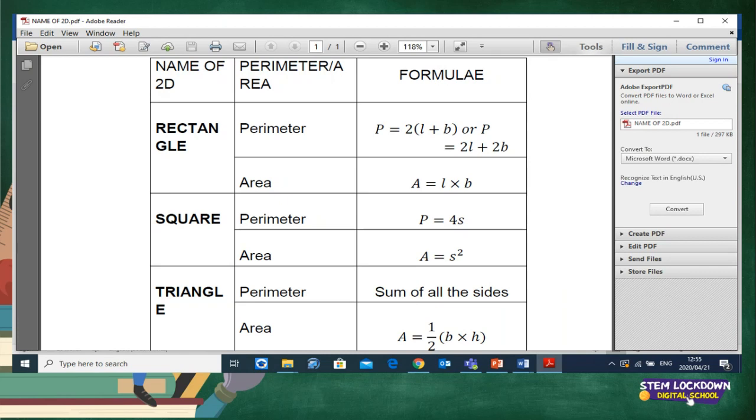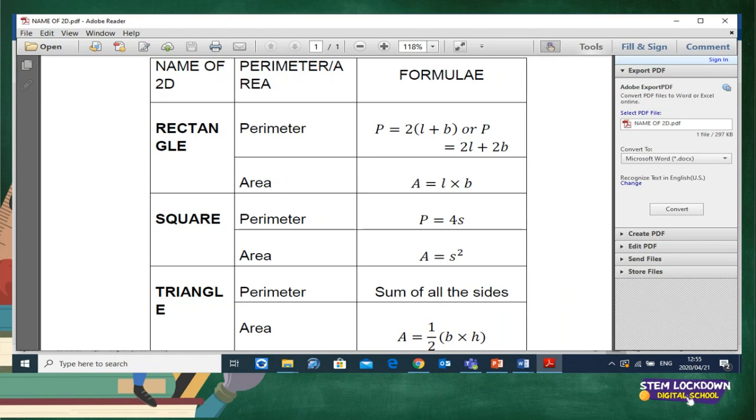Because in any case, all the sides of the square are equal, it makes sense that you can simply multiply just one side by 4. If you have one side, then all other sides, because the 4 sides must be equal in relation to the square.